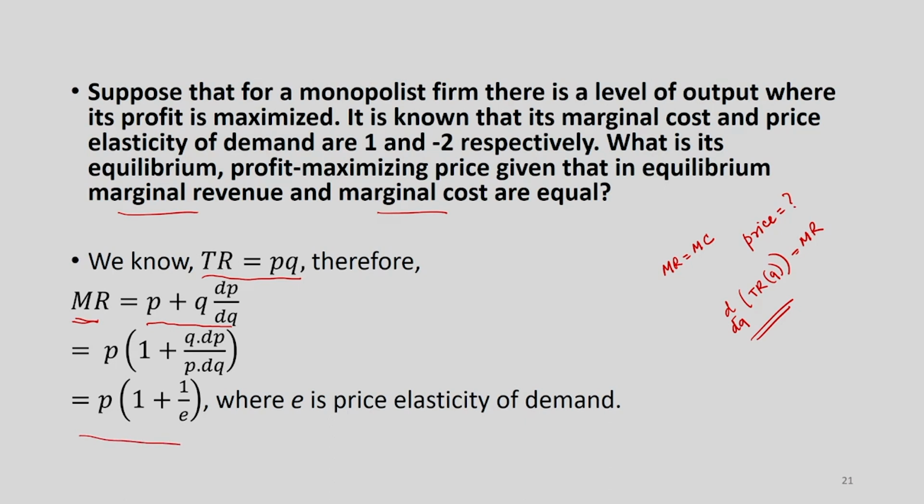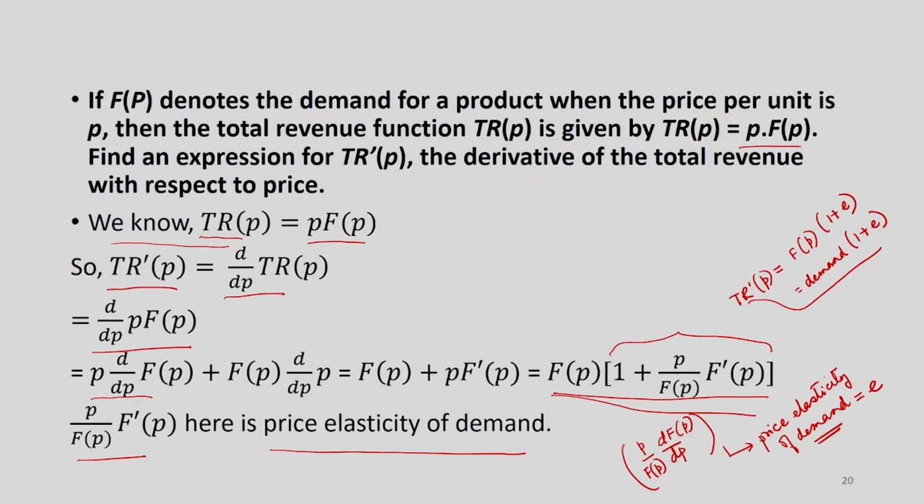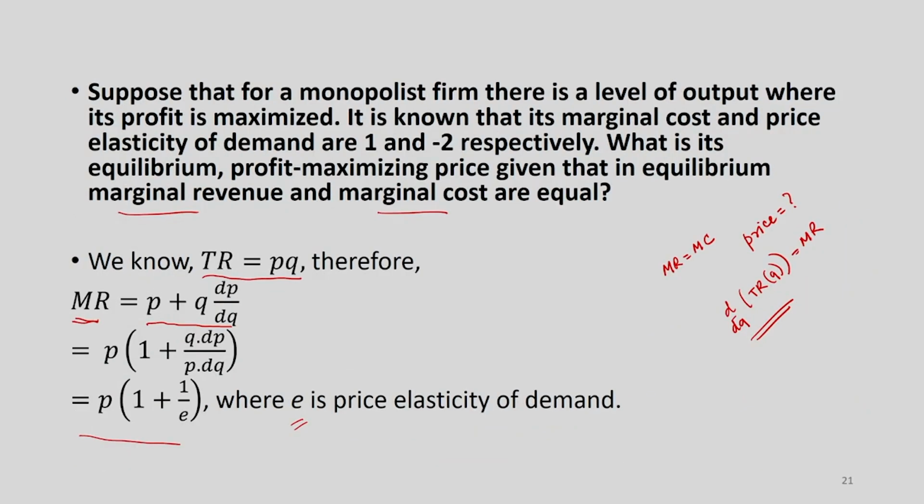In the previous problem itself, we have seen that small e can be denoted as the price elasticity of demand, and small e is given by this expression, right. This is nothing but P divided by Q multiplied by dQ/dP, and here we are actually talking about the reciprocal of that e.